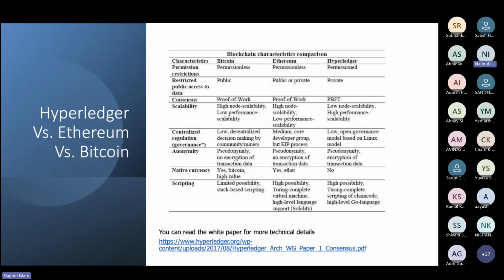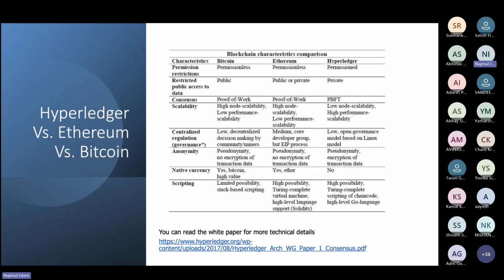And Bitcoin, by default, is public. As you know, anyone can participate. Ethereum, depending on the situation, depending on your application, you could make it public or private. Hyperledger applications are mostly private. In terms of consensus algorithm, as I told, Bitcoin uses proof of work, and Ethereum uses nowadays proof of stake.